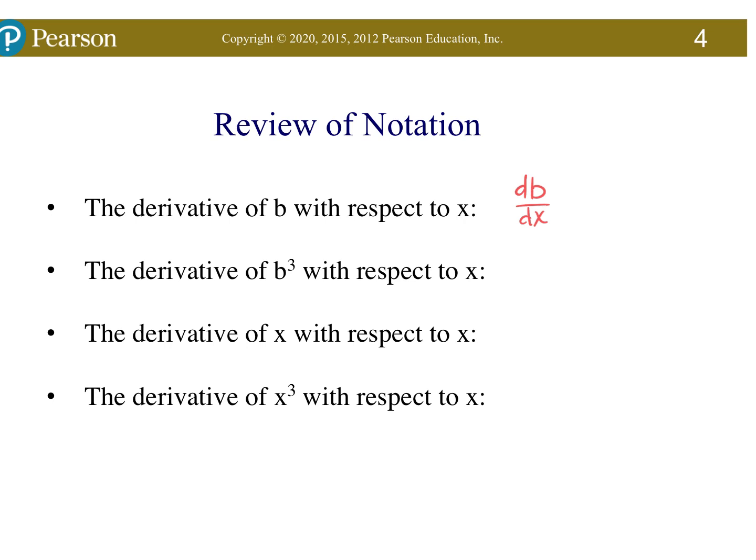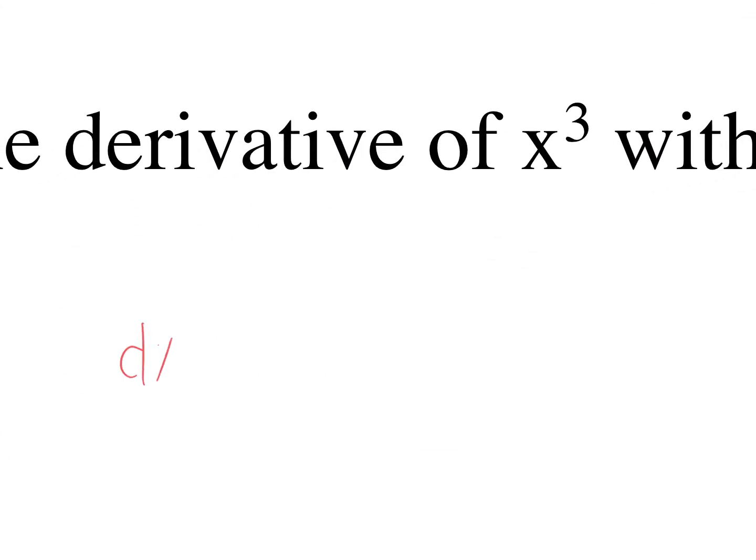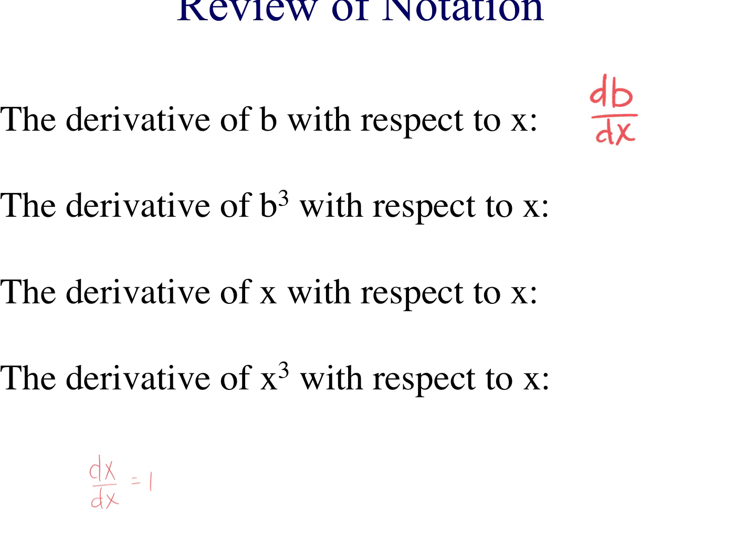What's the only variable whose derivative is 1? X. X is the only variable whose derivative is 1. Okay, why? Because the derivative of x with respect to x, doesn't that look like 1? That's the only variable whose derivative is 1. No other variable has a derivative of 1.